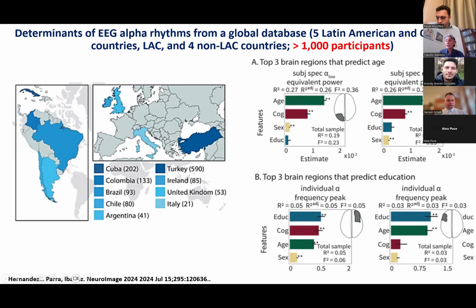You see in green the cortical regions of interest, and age as the most important association, so sensitive to aging, and sensitive to cognitive status of the persons. You see that in the frontal lobe, the alpha power and frequency is sensitive to education attainment. And so you can have a really sensitive alpha measure of the brain state.